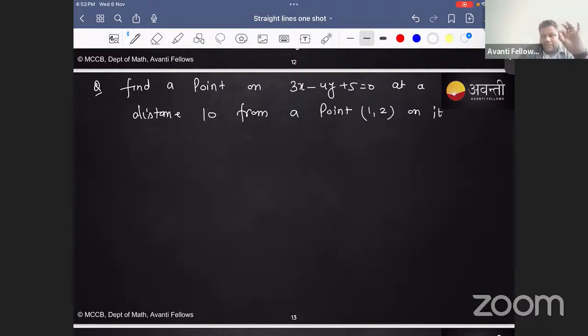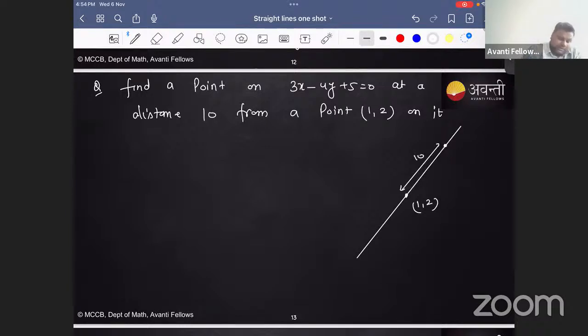See, line is given to you, point is given to you, distance is given to you. You just need to find out the other point. So say this is the line. This is the point (1, 2). You are trying to find another point on this line at a distance of 10 from it.